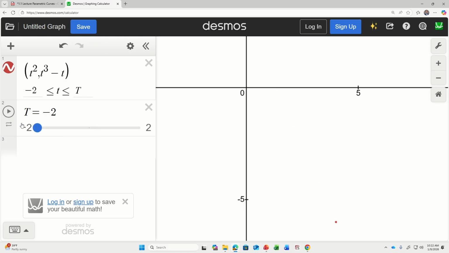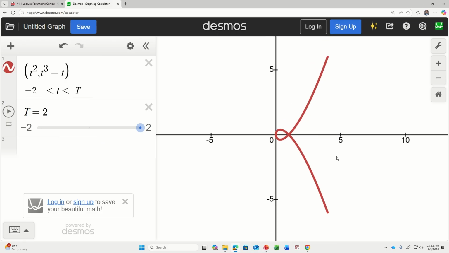Here's how it looks if I go from -2 up to +2. I go woo, loop the loop, and then back up. Cool. And that looks like what we drew. So that looks nice.